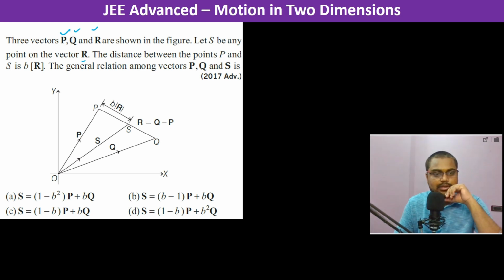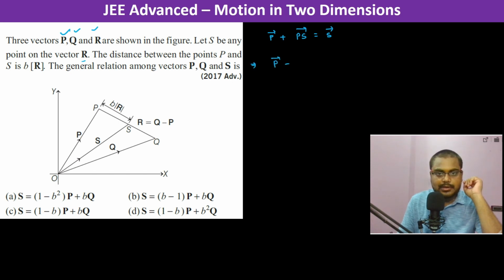So here we can write that P vector plus PS vector is equal to S vector.